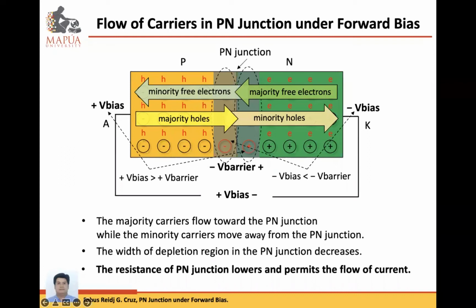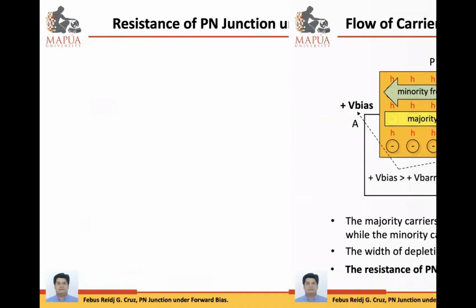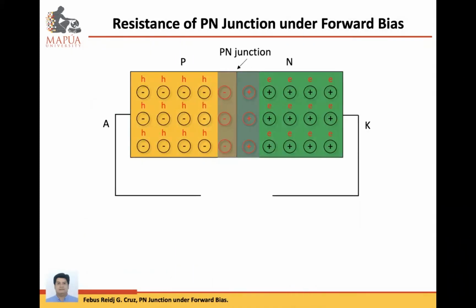And also, importantly, in forward bias, remember that the resistance of PN junction lowers and permits the flow of current in forward bias condition. Okay? Then continuing on the resistance of PN junction under forward bias.